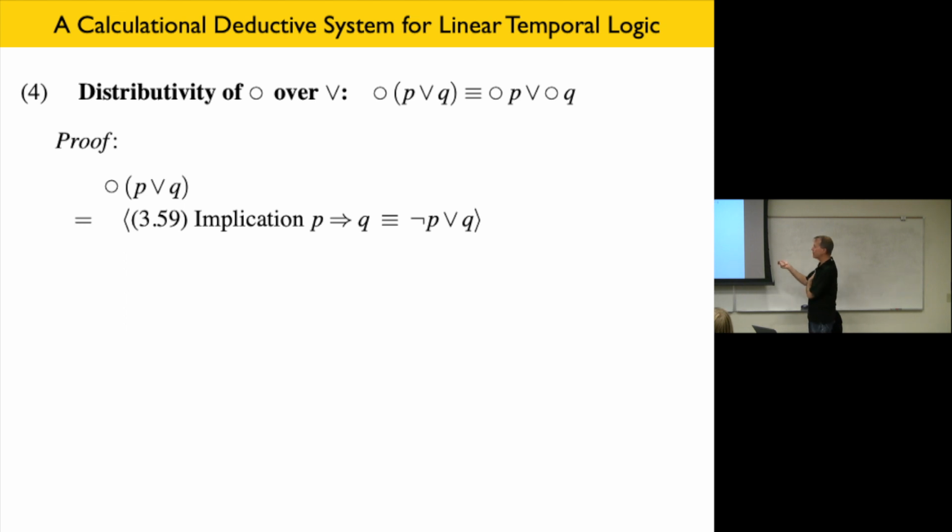Okay, so by 3.59 implication, next (P or Q) equals, by 3.59 implication, what? Next, not P implies Q. Is everybody clear? Actually, that was right.